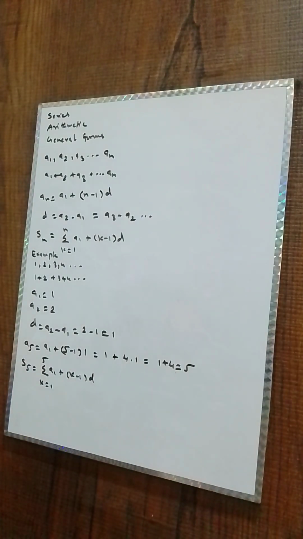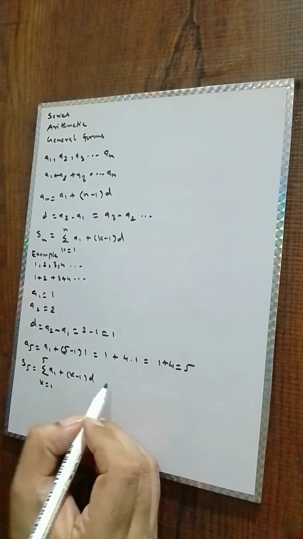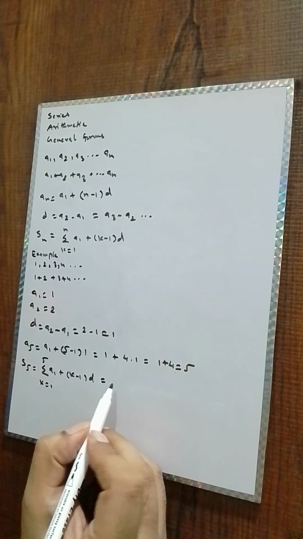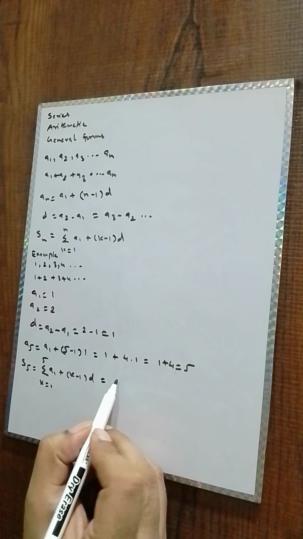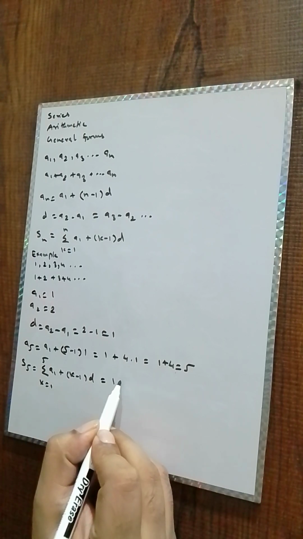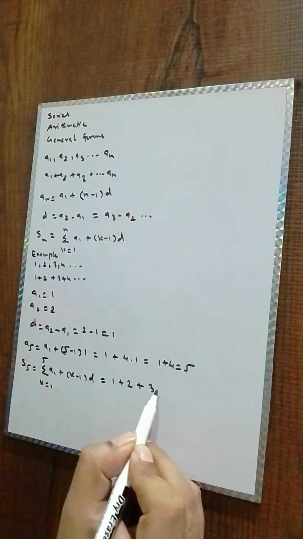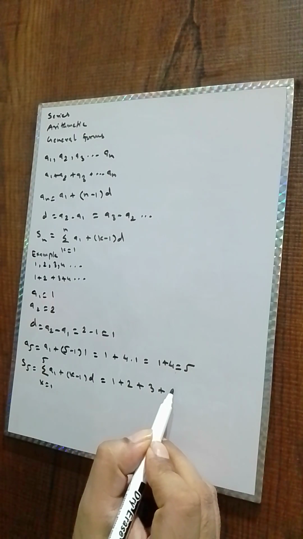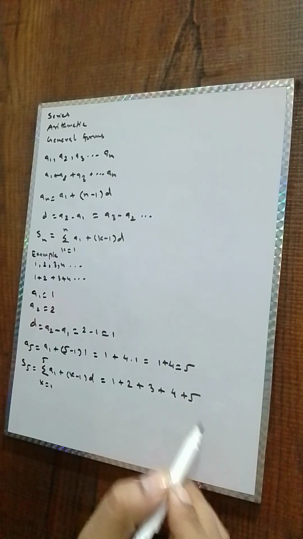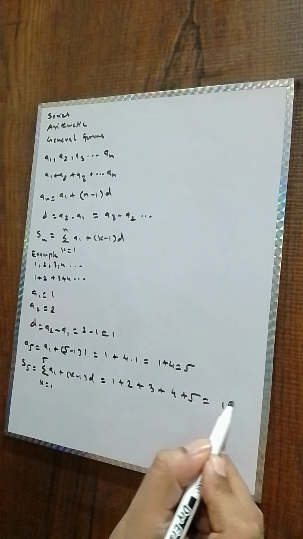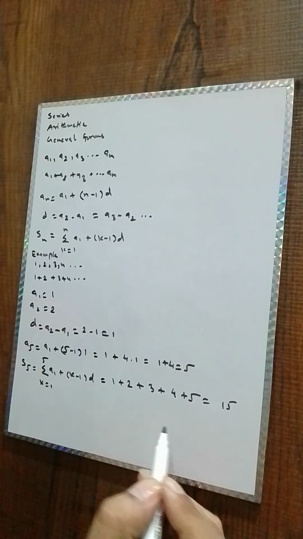So this will open up k times this thing, and each time it will give us different results. So first term, second term, third term, fourth term, and fifth term. So this gives us 15.